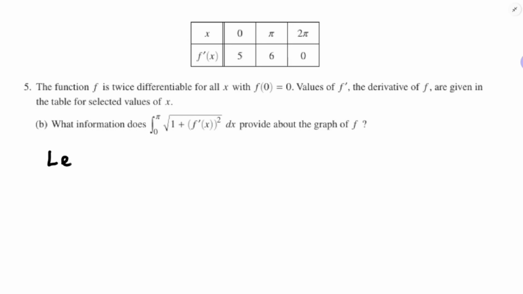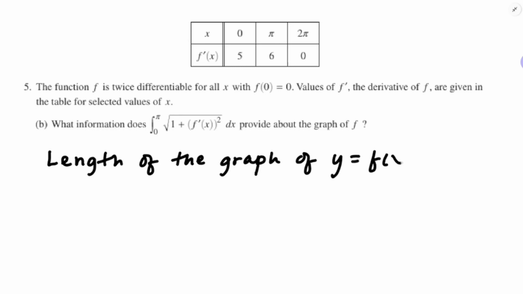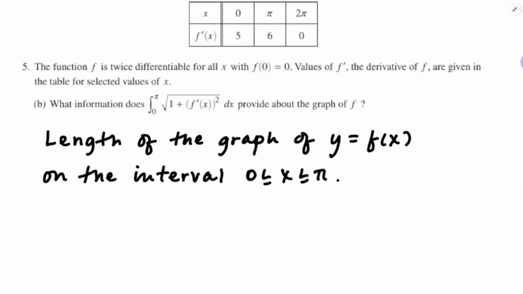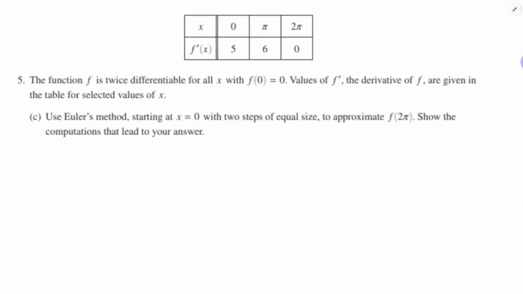So this is going to be the length of the graph of f on the closed interval 0 to pi. Okay, that's all they asked. All right, so I'm going to keep going.